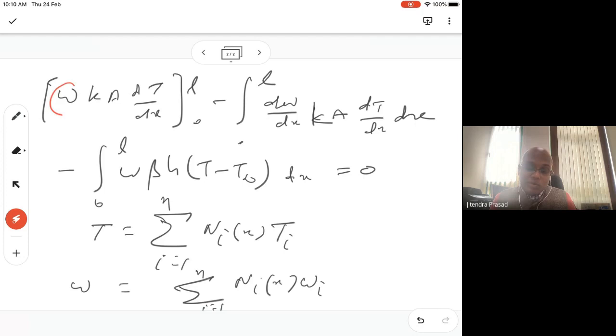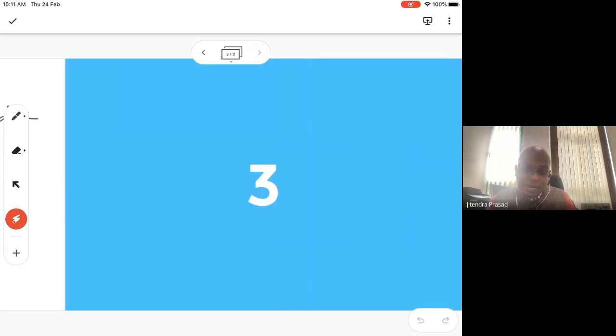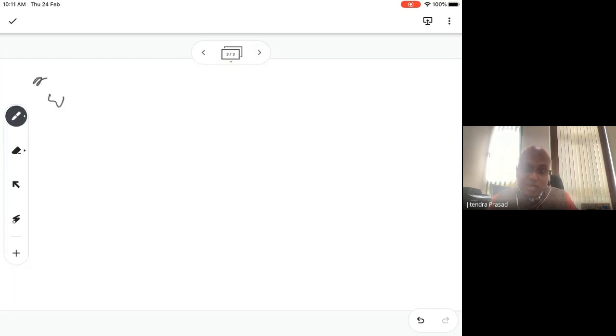If W, you get the W at L, which will be the last one, right? W at 0 will be the first one, W1. So this will be Wn multiplied by, so basically you can write W(L), which will be Wn, then K A, then dT over dx at x equal to L, minus W1, because W0, right?